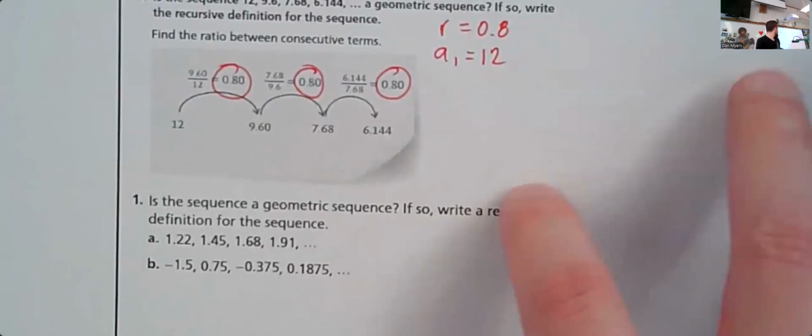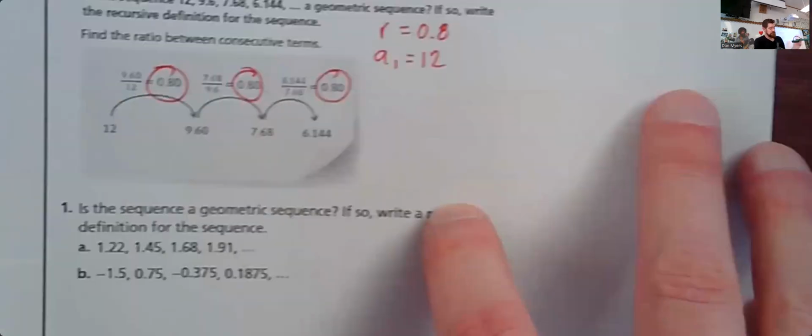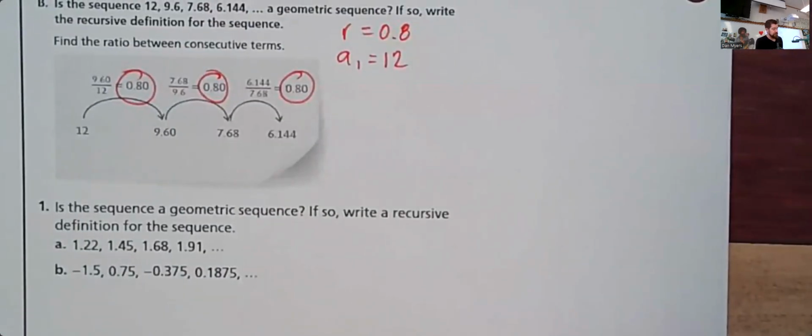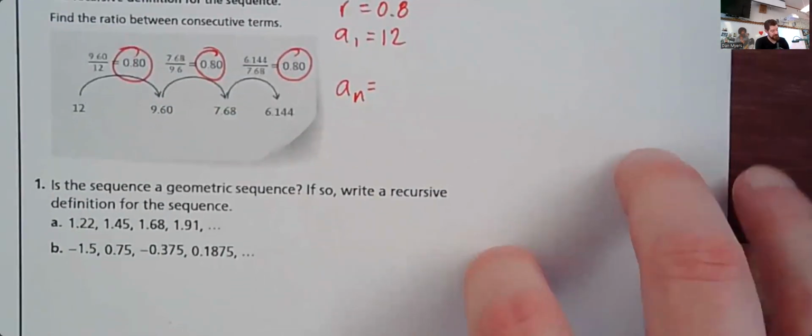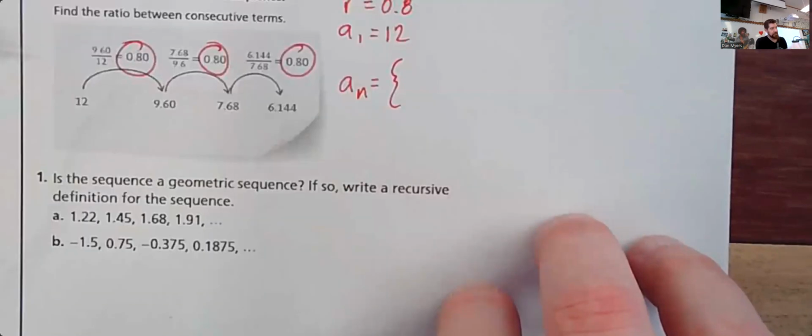So if we are writing ourselves a recursive definition, we're going to write a sub n, any term we want, the nth term is equal to, get our brace there.